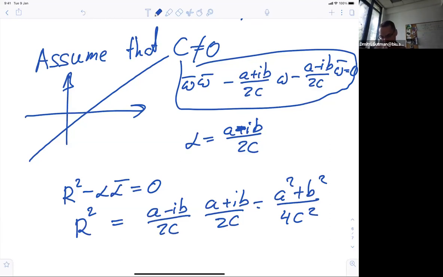Dima, can you please repeat the last calculation, because I didn't get the transition between the w w bar minus (a plus ib) and the bottom of the page. Sorry, first of all, there's a typo here.